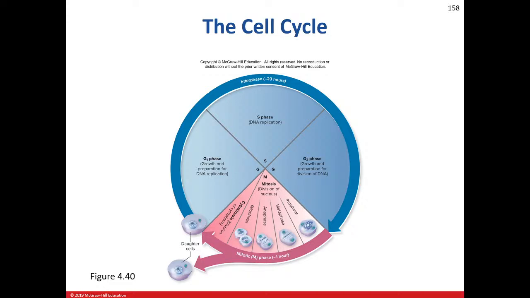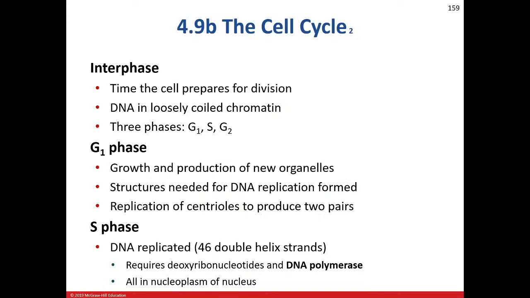Cytokinesis is technically separate from mitosis. It is division of the cell, but it happens immediately after mitosis. And when it does, we wind up with two daughter cells of equal size.